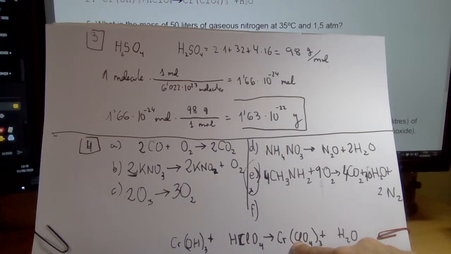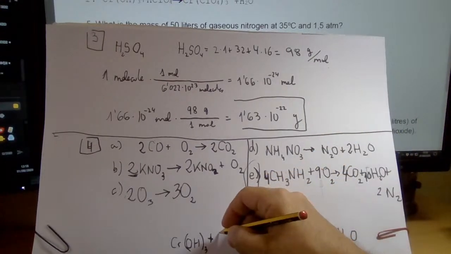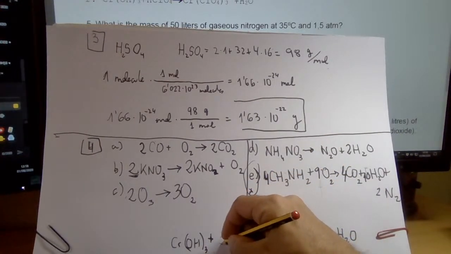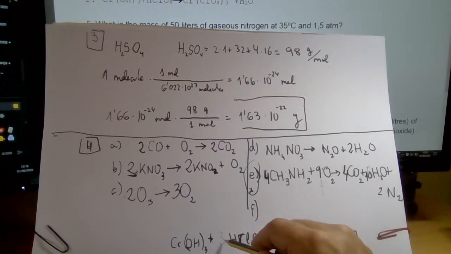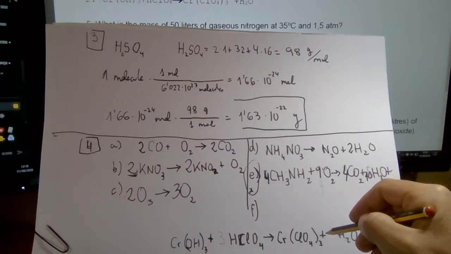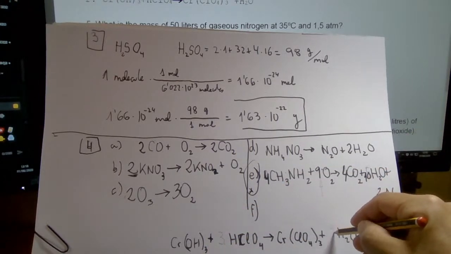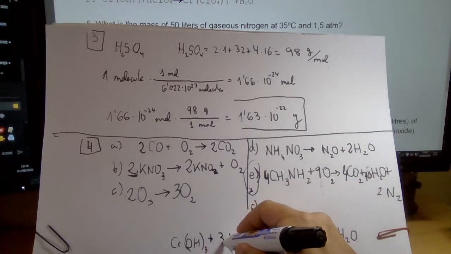Here we have 3 chlorine, and here we have 1. So one good idea would be 3 here to balance the chlorine. Now I have 3 and 3 hydrogen, so 3 water.